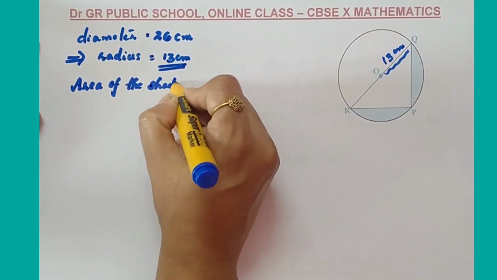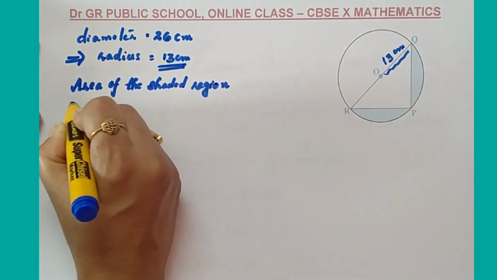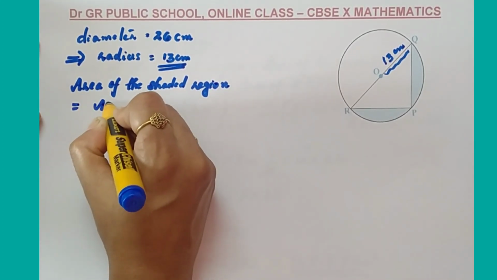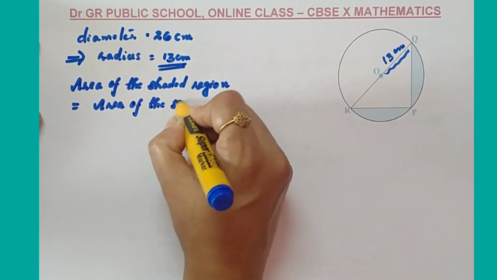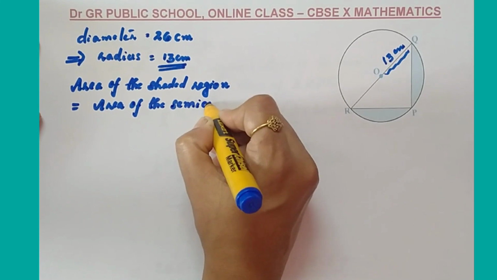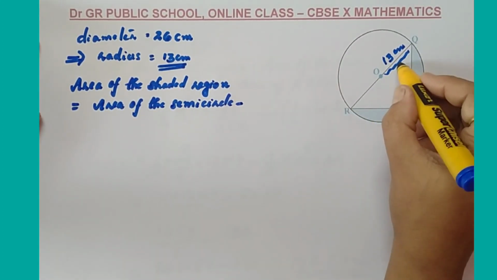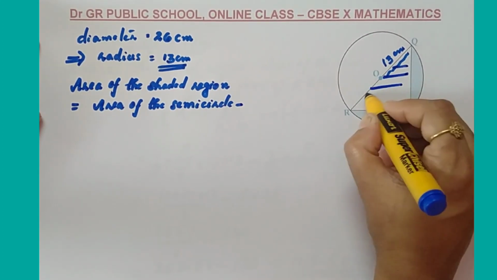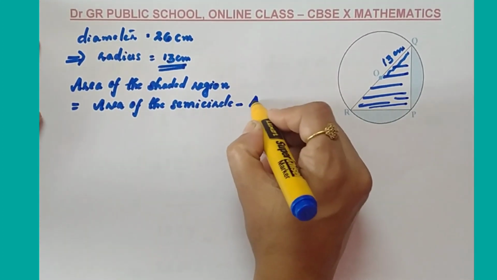Area of the shaded region equals area of the semicircle, the downward semicircle, you need to consider area of this semicircle minus area of this triangle QPR. This much triangle area we need to subtract.